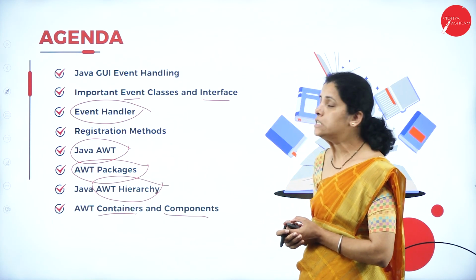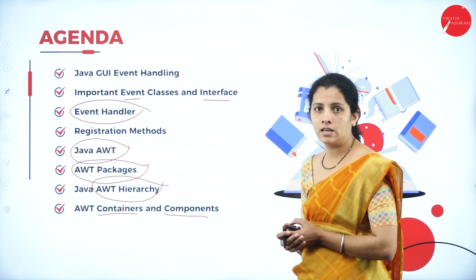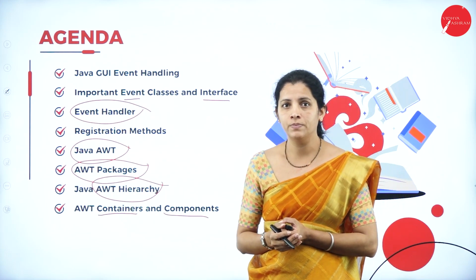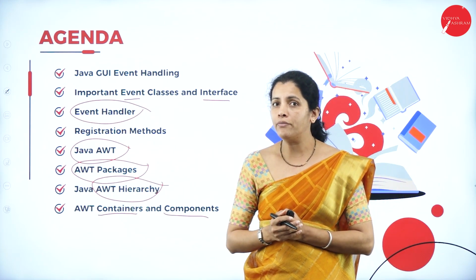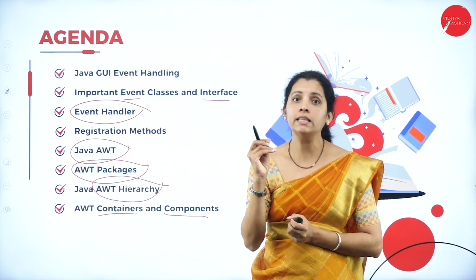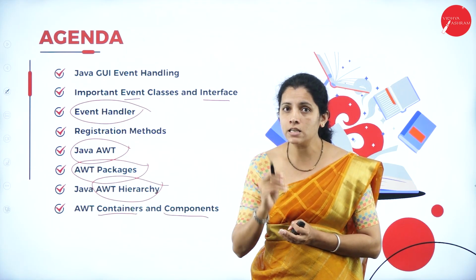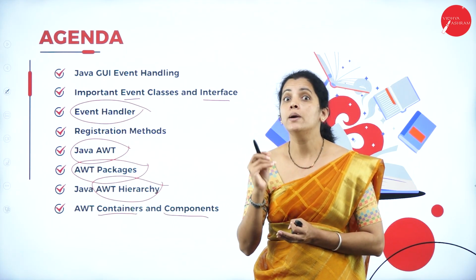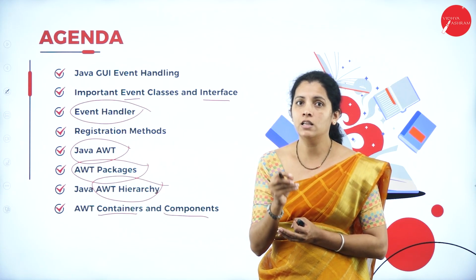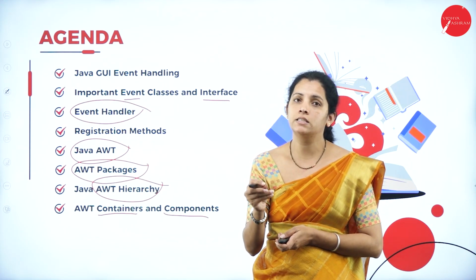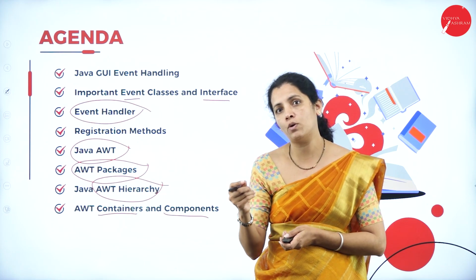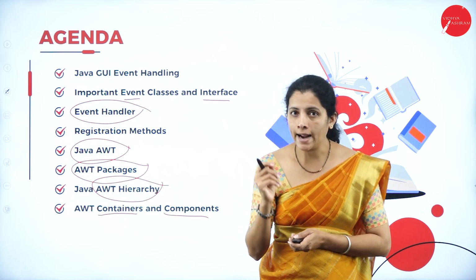So what is GUI? That is Graphical User Interface. So dear student, if I want to attract the customer, then I must have very beautiful graphical user interface. In the sense, I want to design the product very attractively.